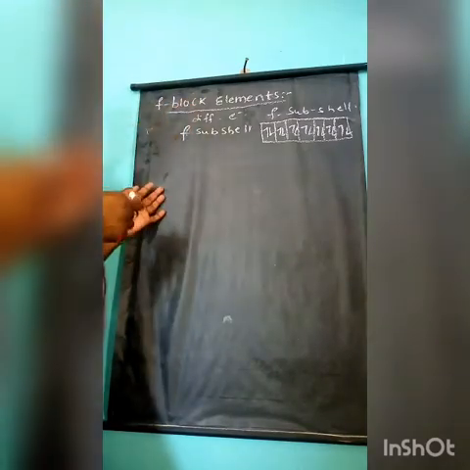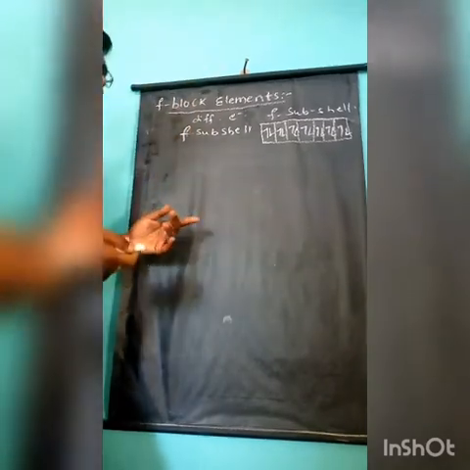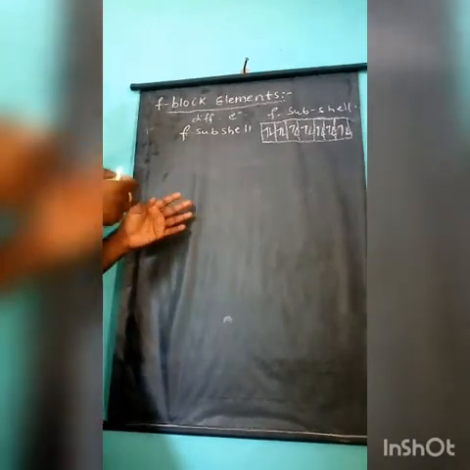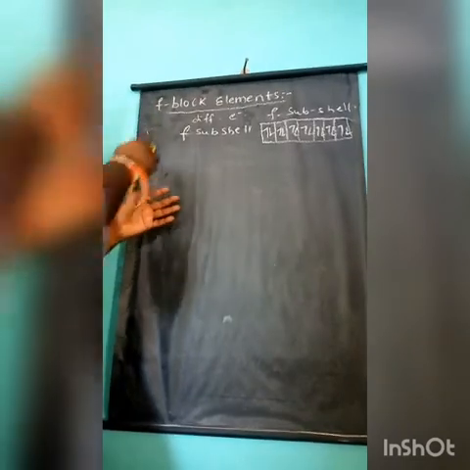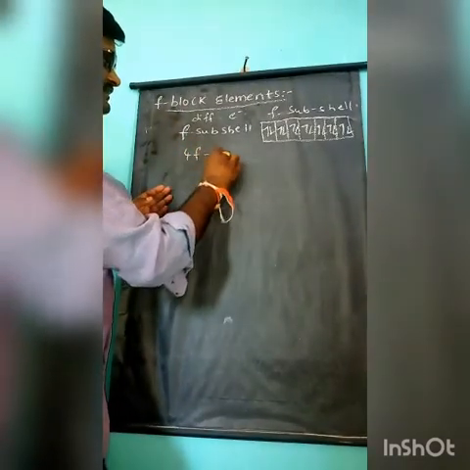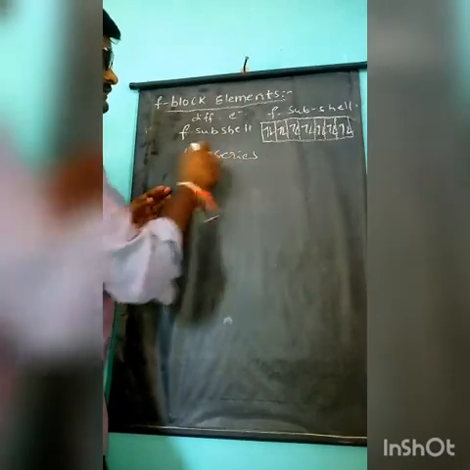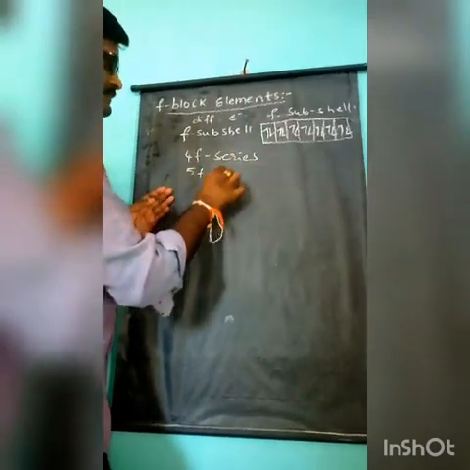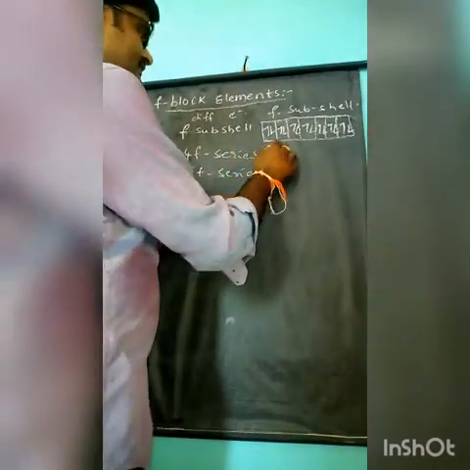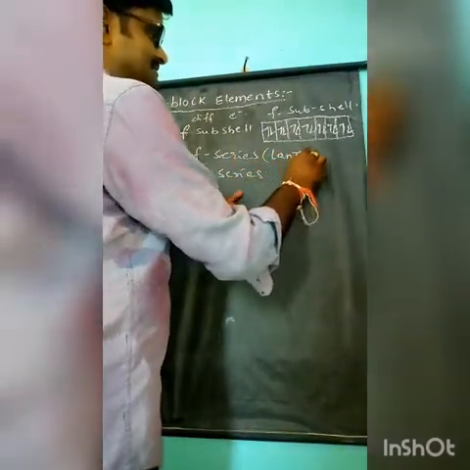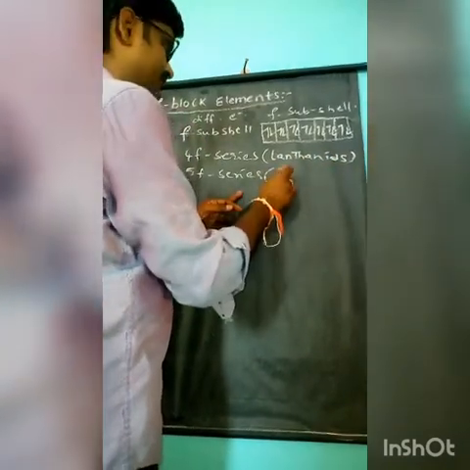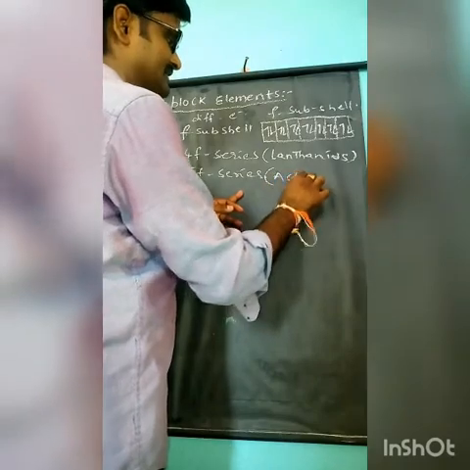This F block is located at the bottom of the periodic table, outside the main body. This block contains 2 series of elements: the 4F series and the 5F series. The 4F series is called lanthanides and the 5F series is called actinides.